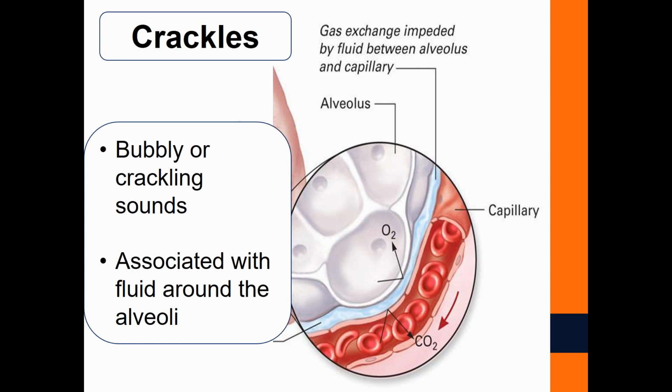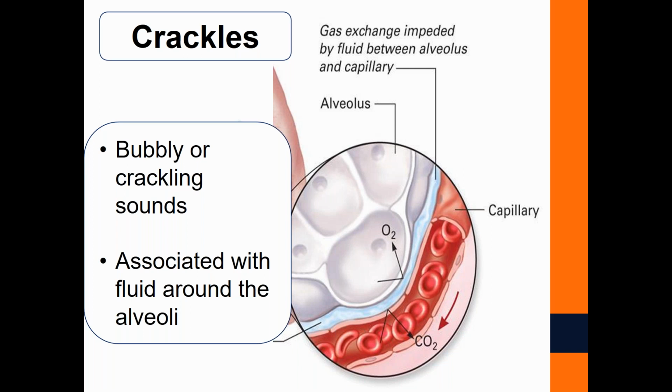But look at what's happening in this pulmonary capillary bed. What this is a picture of is showing you how gas exchange is impeded by that fluid. We have oxygen inside this alveoli. Then we have a small little river between the alveoli and this red blood cell that the oxygen's trying to get to.